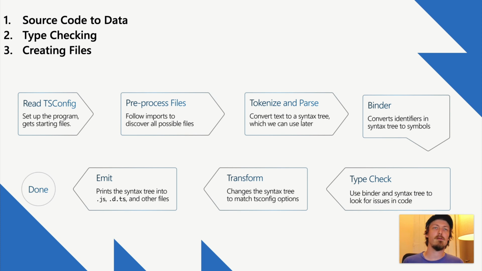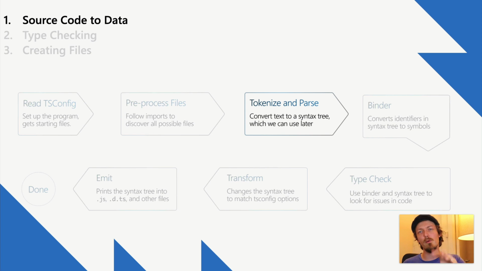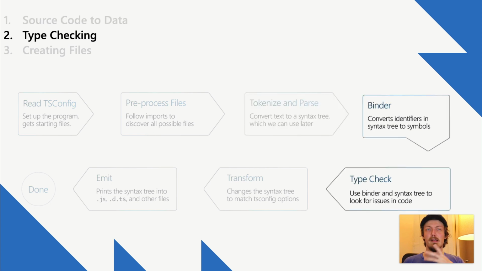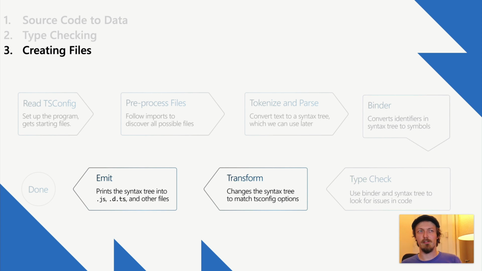We're going to be focusing first on tokenizing and parsing. Next we'll be looking at binding and type checking. And then we'll be moving on to transform and emit in order to get a better sense of what all those pieces do.